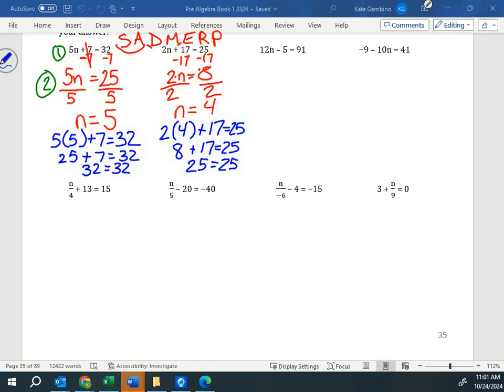Let's look at n over 4 plus 13 equals 15. What's my first step going to be, Amala? Just tell me what you think the first step I need to write down is.